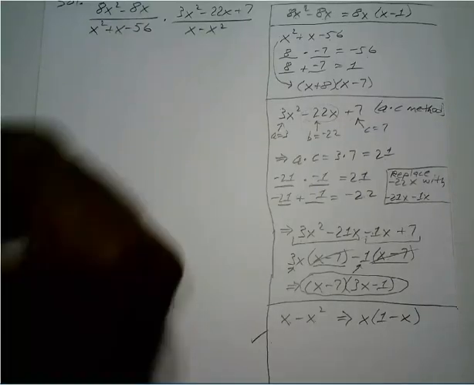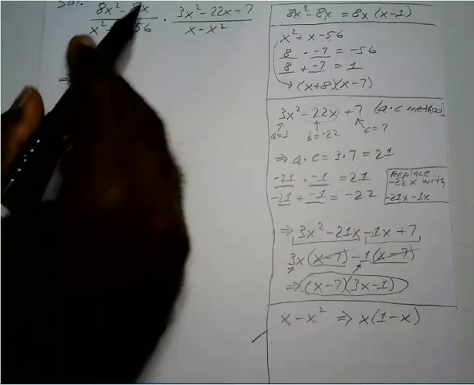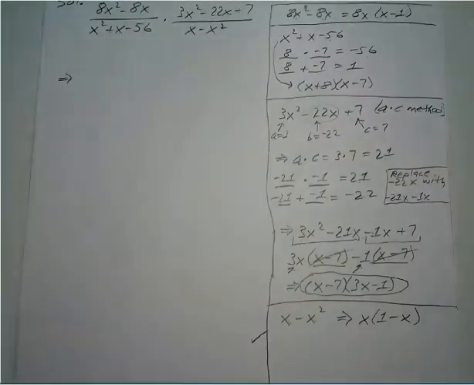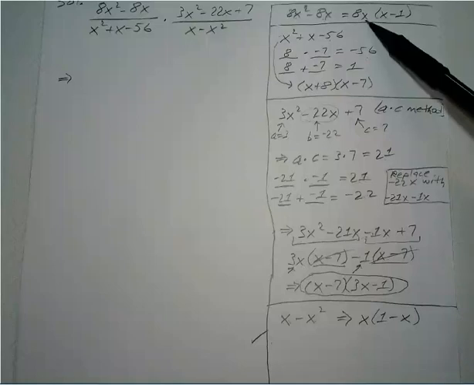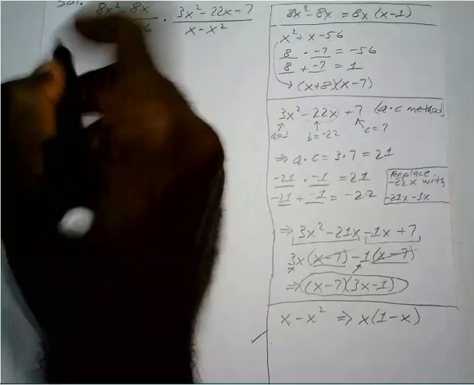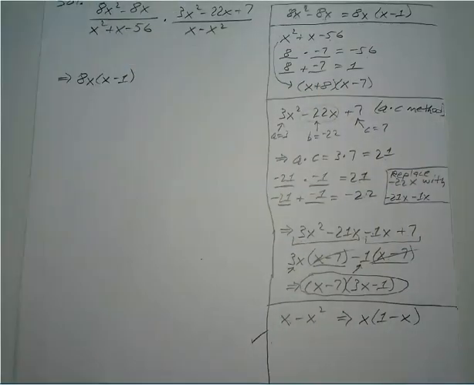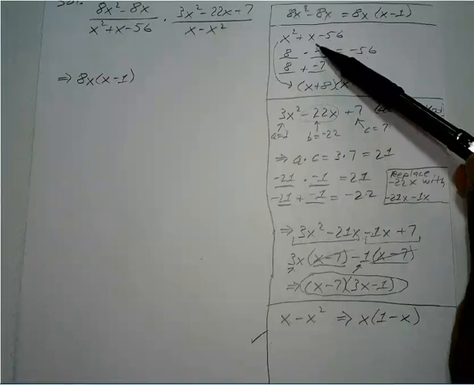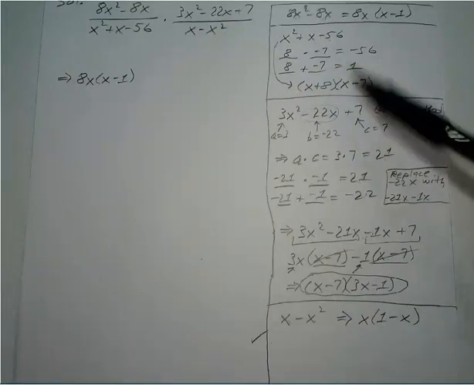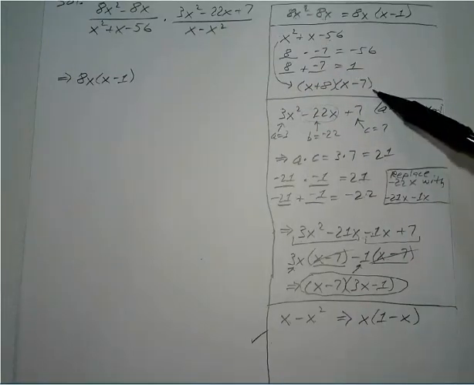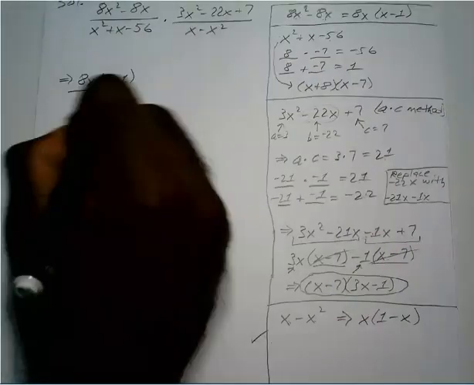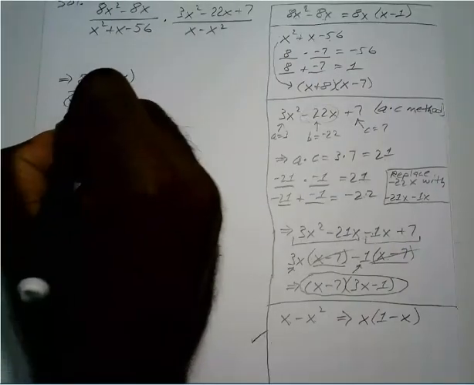So if we replace all of those with their factors, x squared minus 8x is just 8x times x minus 1. X squared plus x minus 56, we know that's x plus 8 times x minus 7.